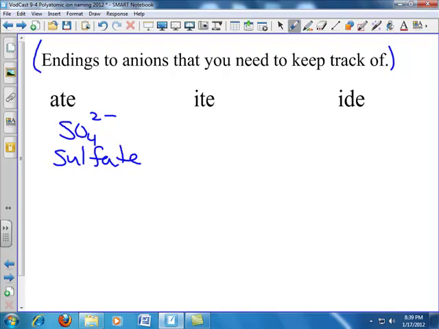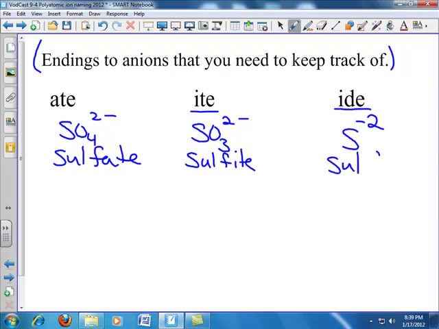You have this ITE ending, so that would be SO3 2 minus. It's a lower number of oxygens. That's a sulfite. And then you have this IDE ending, which would be S2 minus, and that would be just a sulfide.